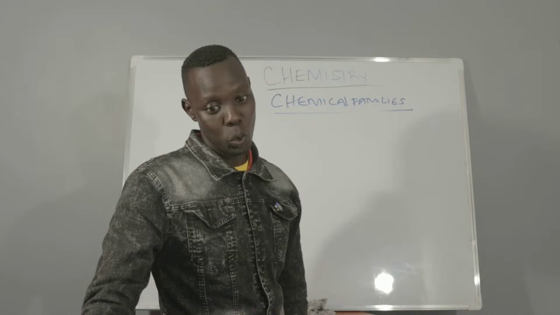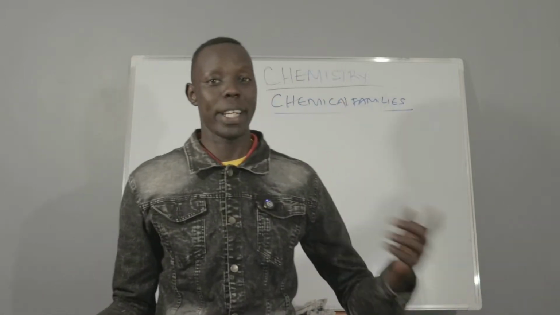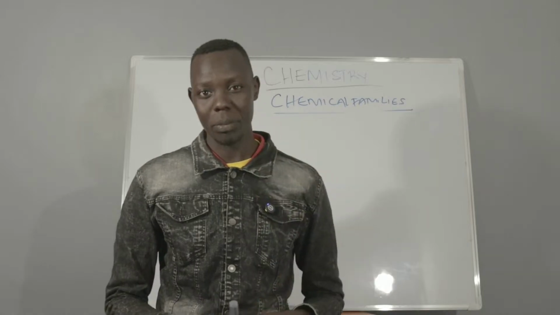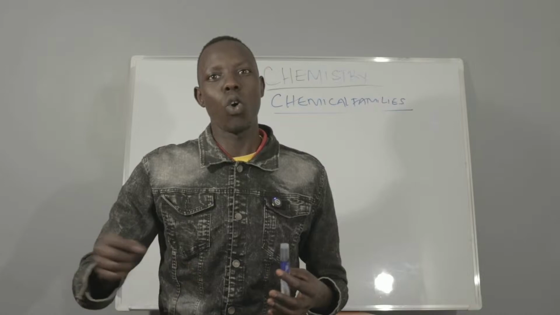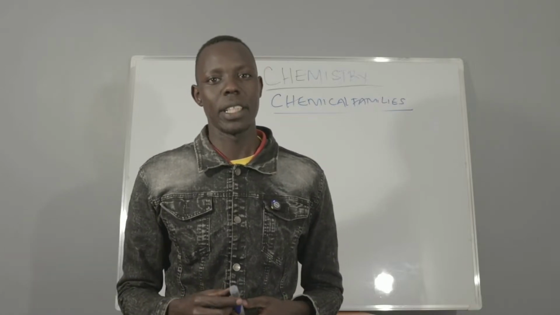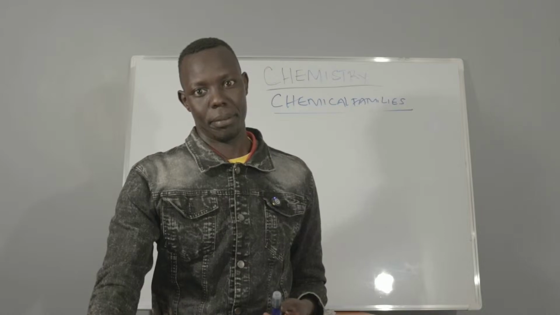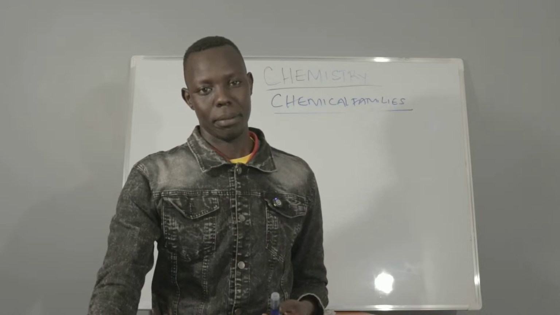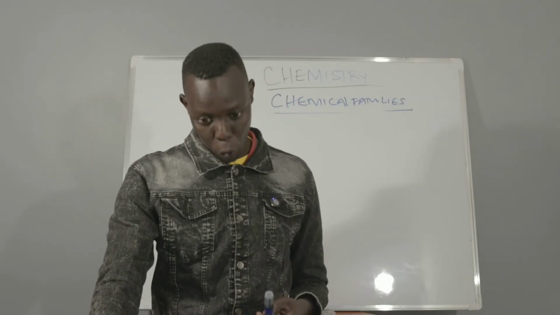This one I will not spend too much time on, because last week we discussed writing of chemical equations. So anything that involves writing of equations is a chemical property.